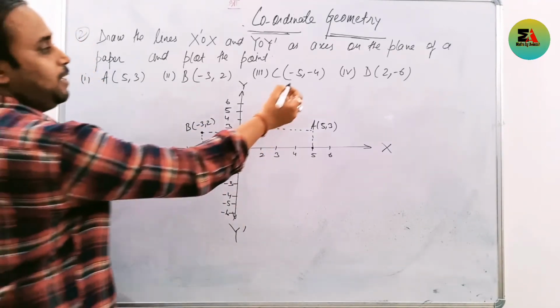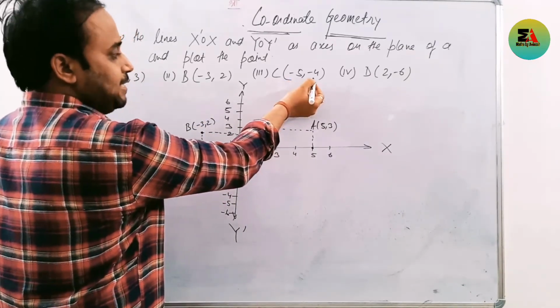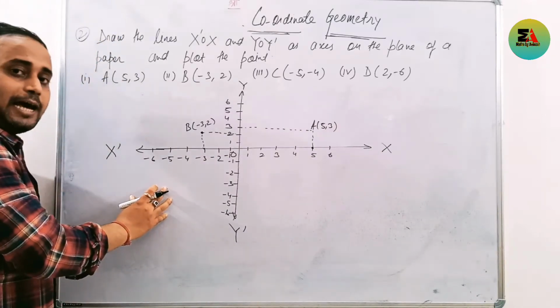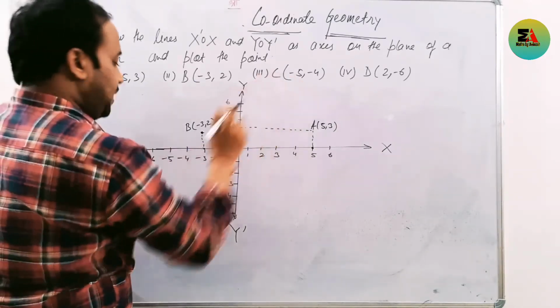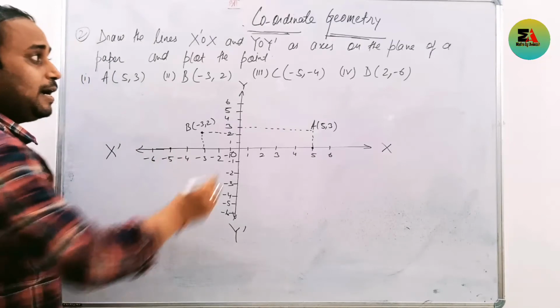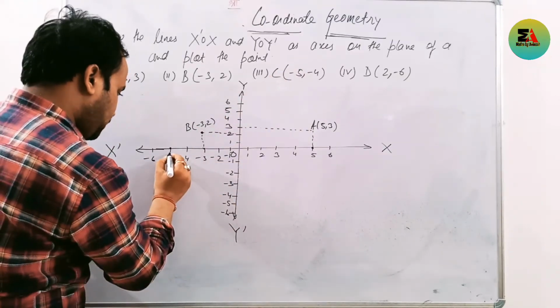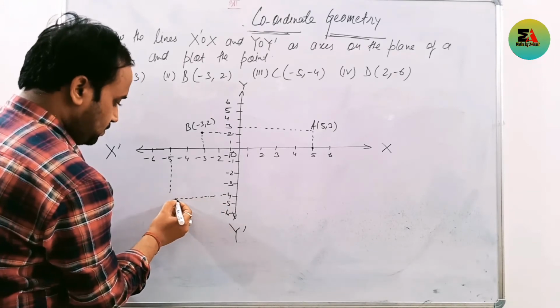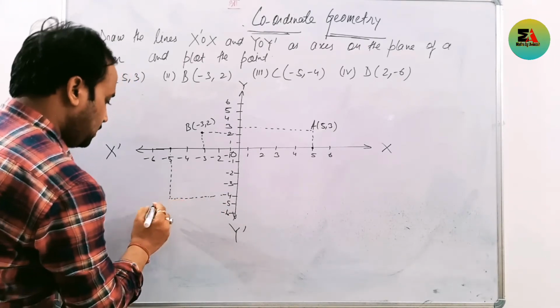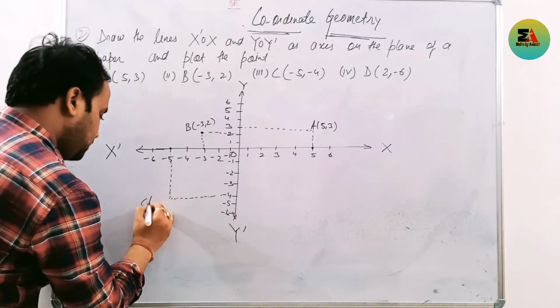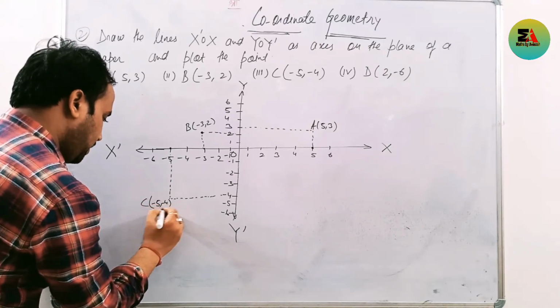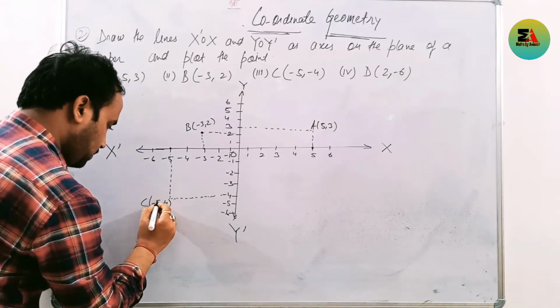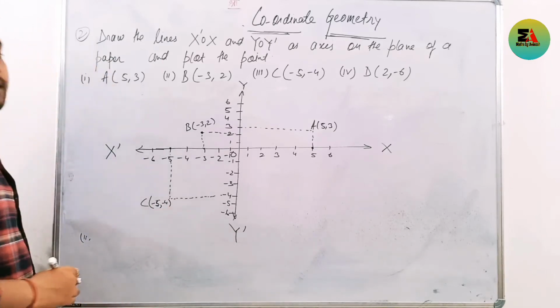Clear? For the next one, x is negative, y is negative. We know that if both values are negative, the point lies on the third quadrant. X is -5, -5 is here, and y is -4, -4 is here. Plot it in this way. This is the coordinate of C, (-5, -4).